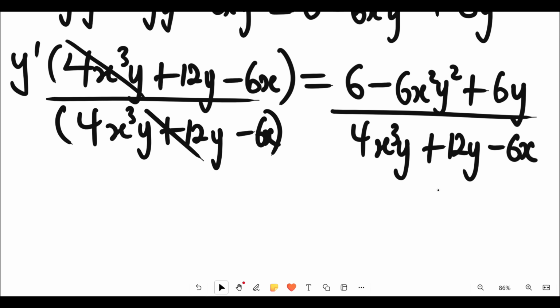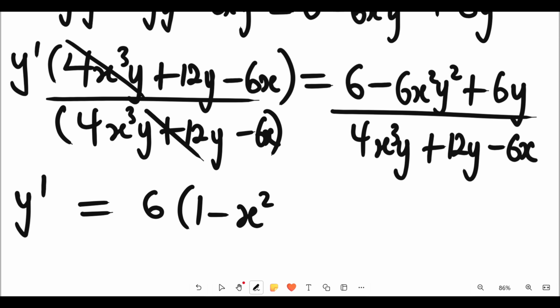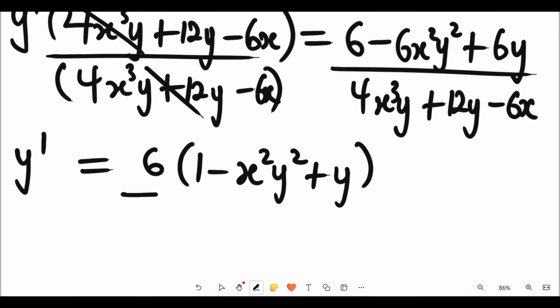So after this divide, we are left with only y prime, and it will be equal to 6. Now at the numerator they have 6 as the highest common factor, so you can factorize 6 out. Then I use it to divide each of the terms: 6 divided by 6 gives us 1. Negative 6x squared y squared divided by 6 will give negative x squared y squared. Now positive 6y divided by 6 will give us positive y.